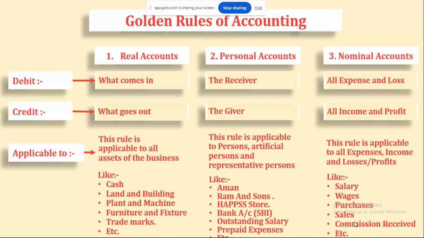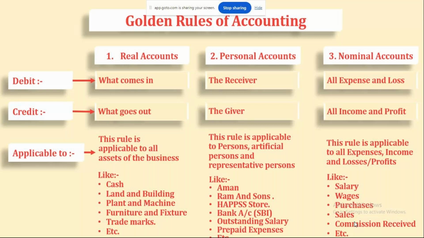Yes, we have direct expenses as well as the income. Then commission received, we have it as an indirect income. Okay, so this is how we categorize our assets, incomes, expenses based on the rules, based on the applicability. So that's why this really has a golden touch to your journal entries.